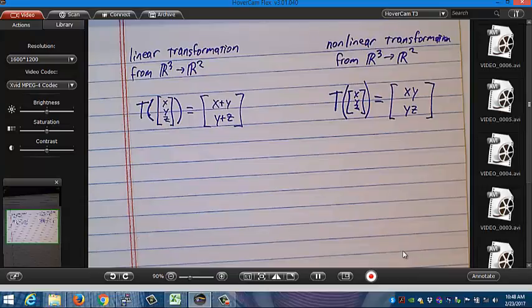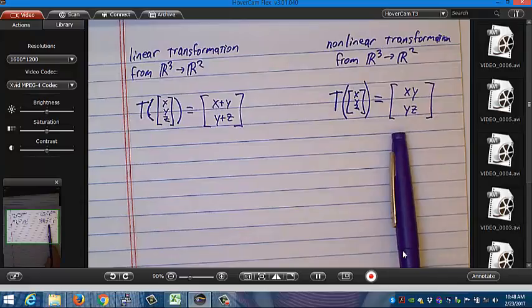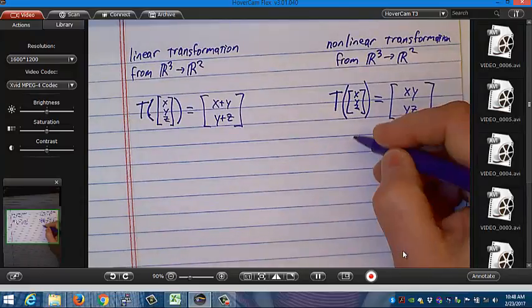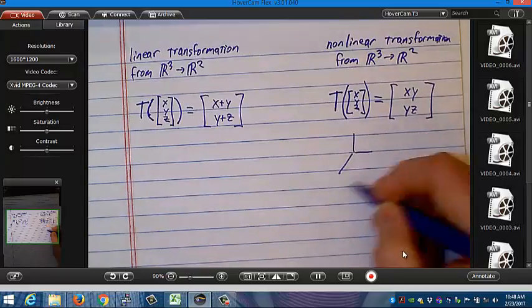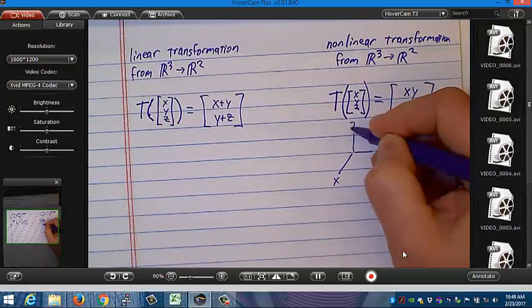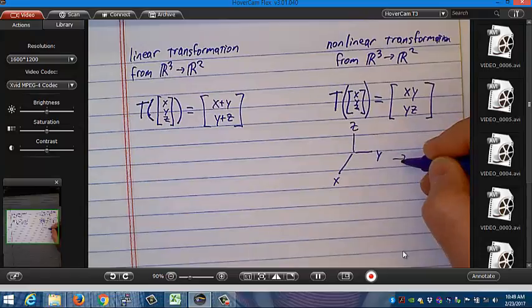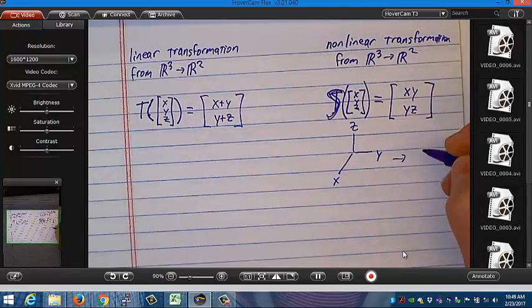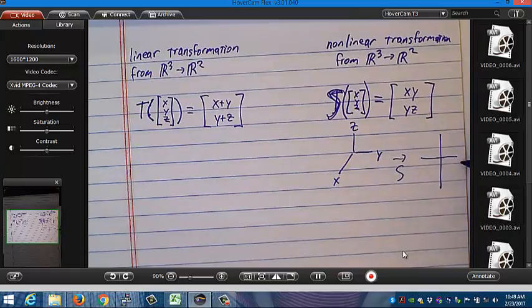By the way, one thing about this transformation, graphically, I was just thinking about this. If I were to draw all of R3 here, here's X, here's Y, and here's Z, and I look at this one, I'll call it S. T is going to be the good one. And if I look at what S does to it, it maps it to the XY plane, right?